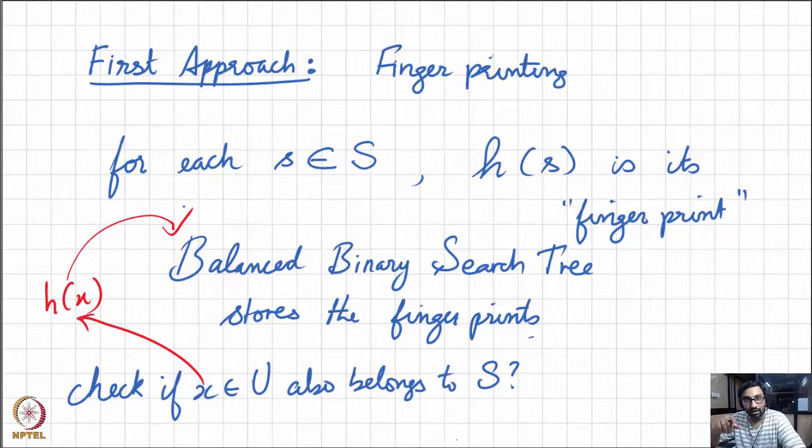However, if the hash value is in the balanced binary search tree, that is only evidence that the user ID is possibly taken. It's not guaranteed, because multiple items from the universe could potentially hash into the same fingerprint. So unlike human fingerprints, these are not unique, because these hash values are going to use fewer bits than the number of bits needed to represent each element in the universe.